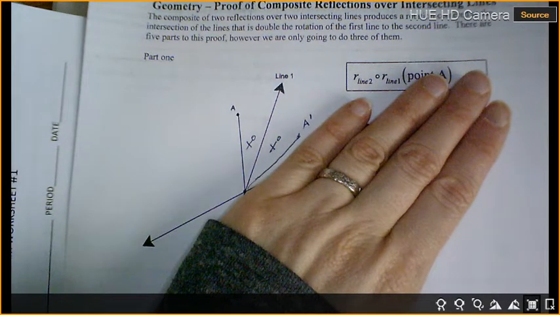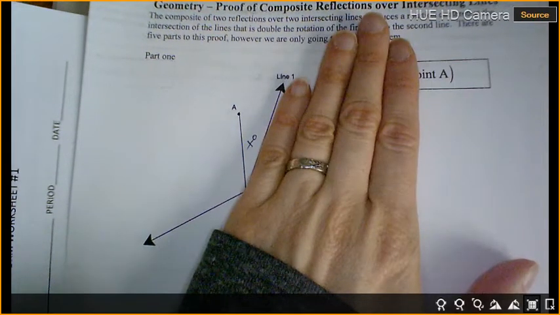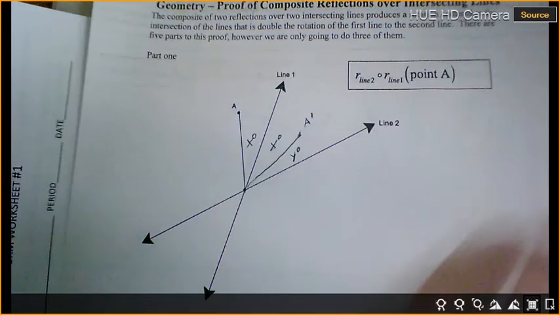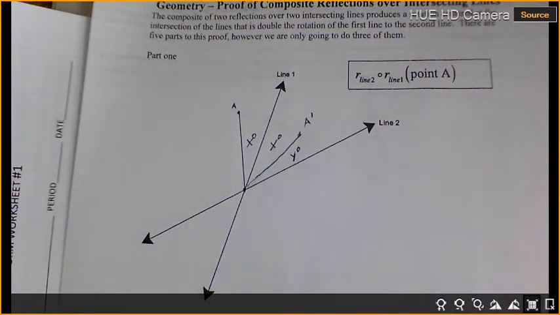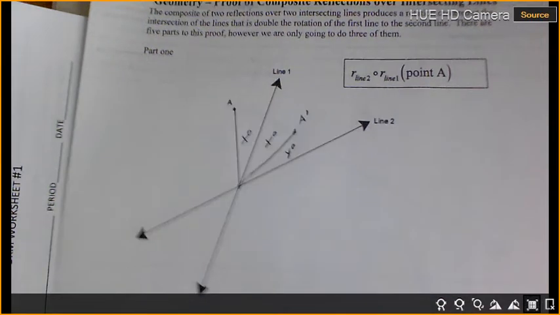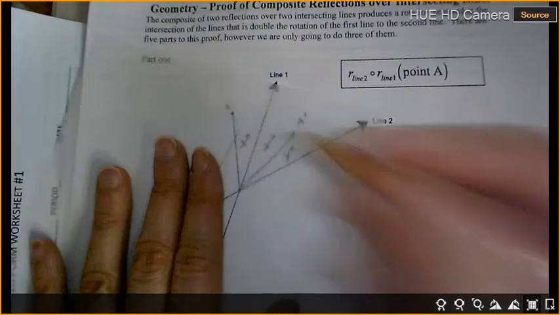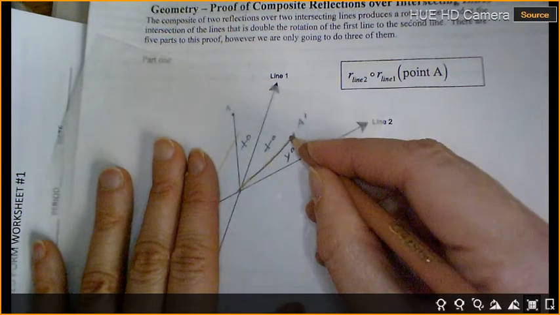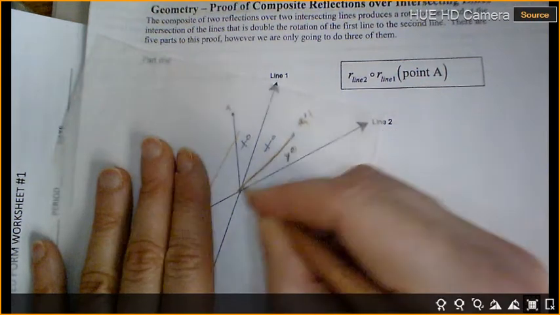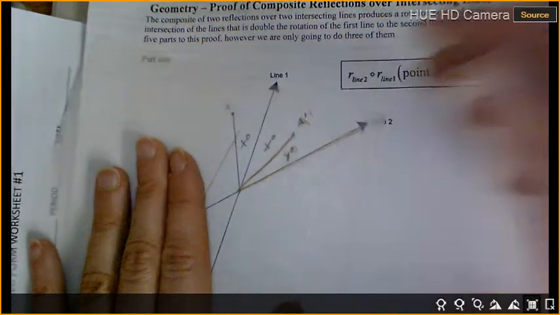X. So, see how A is on this side of line 1? When we reflect it over, it's there. Same on the other side. Now, the angle between image A and line 2 is Y. And then we simply take, there's A image, Y. Make sure you do line 2.